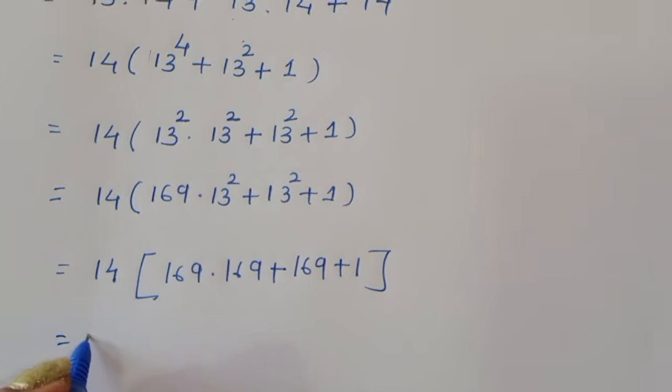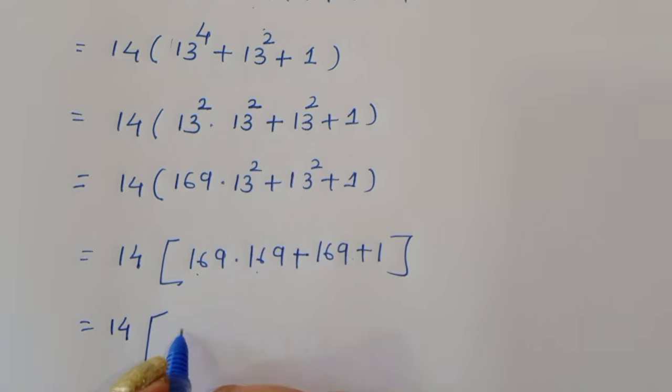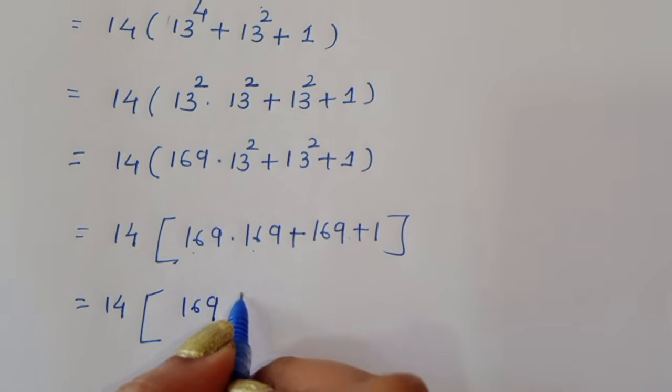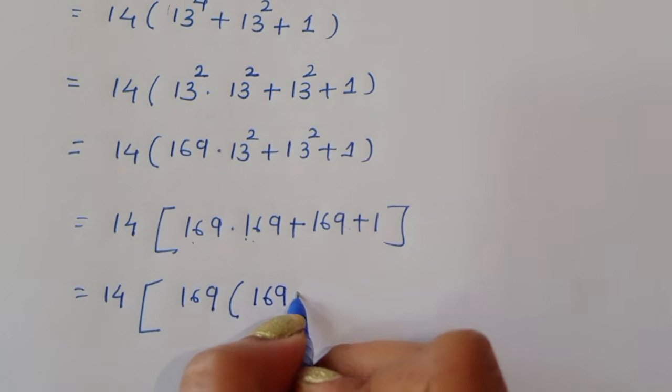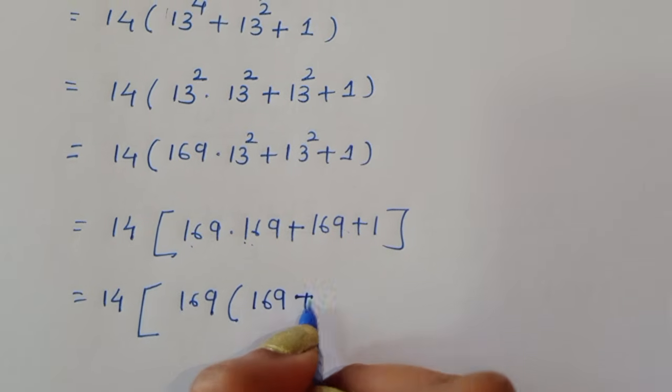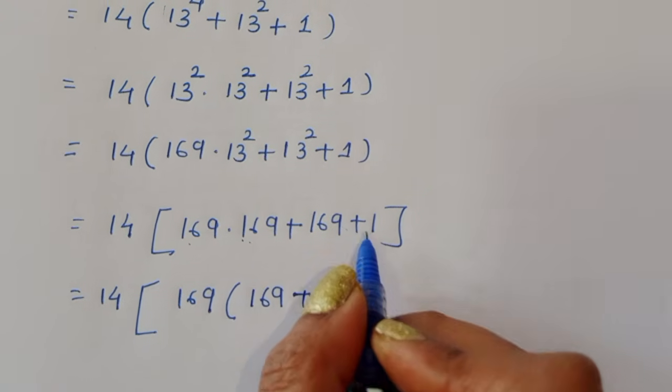Now we can take 169 common, so the left term is 169 plus 1, and then plus 1.